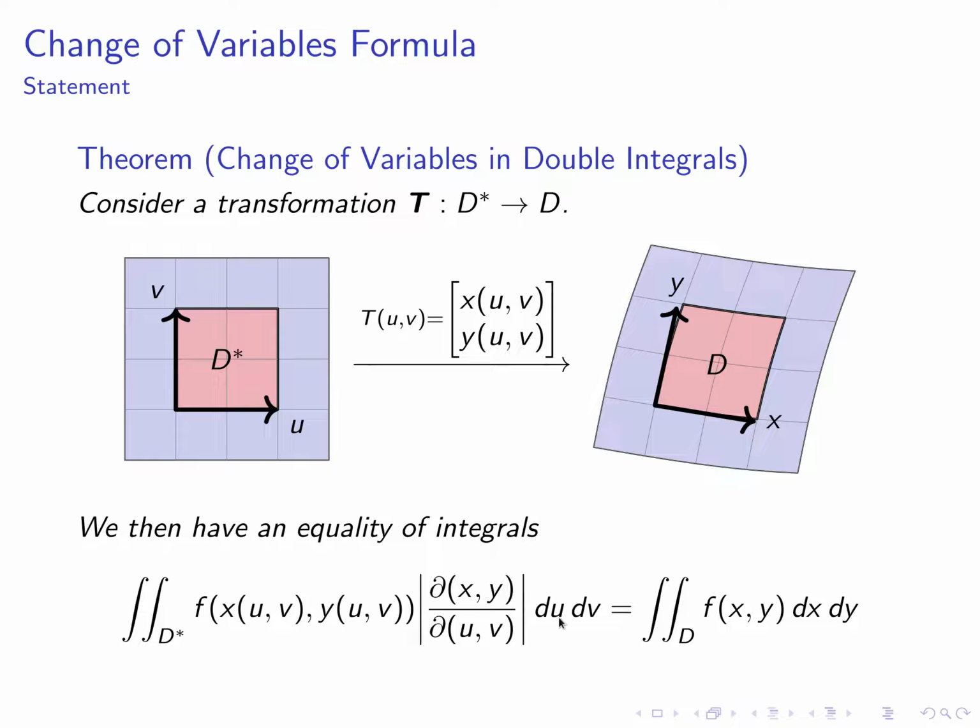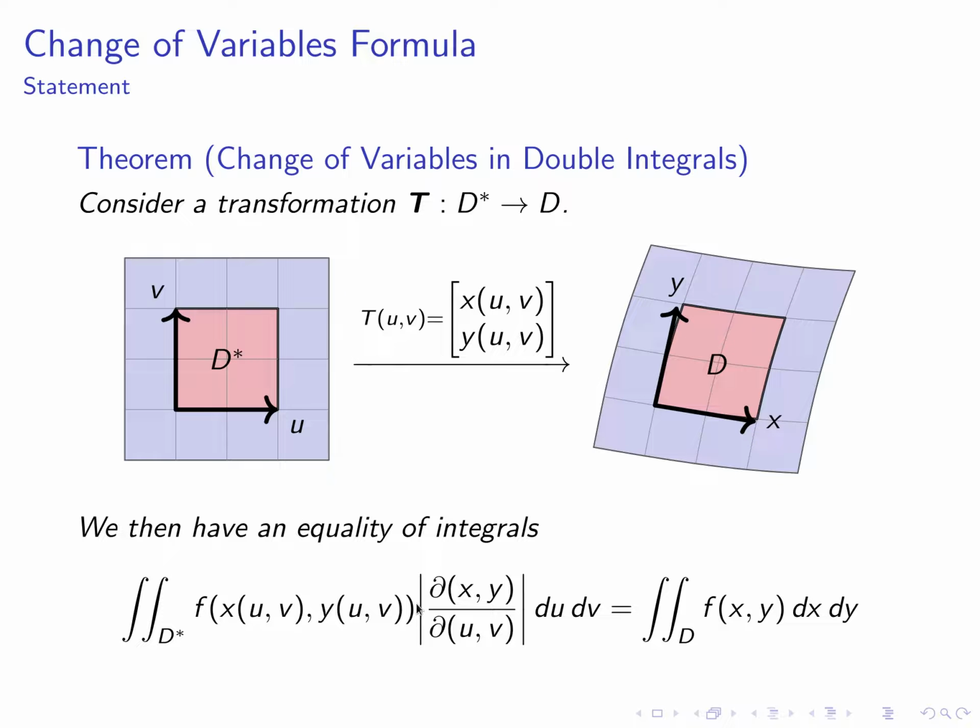So here's the technical statement. The double integral of a density function f of x and y throughout the region D is the same thing in this scenario as a double integral over the region D star in UV space, where the function we're integrating is the function f, but we replace the x's and y's with the appropriate expressions in u and v.